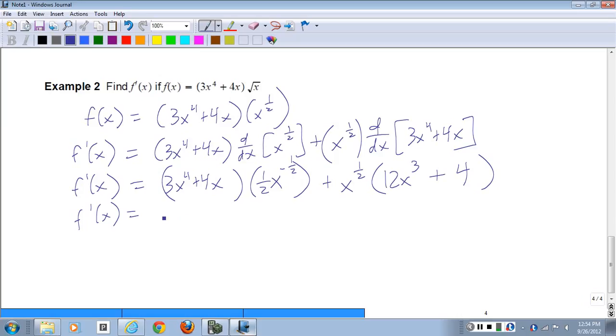I want to say an x right there, 3x cubed plus 4, and the 1/2 x to the negative 1/2. I'm not sure if I want to factor out the 4. I know there's a common factor of 4 there, but since 4 is not a factor of this other expression, maybe hold off on the 4. I may change my mind in a minute.